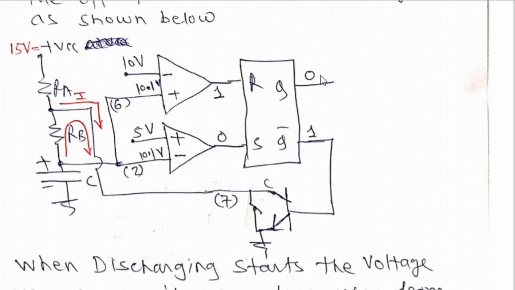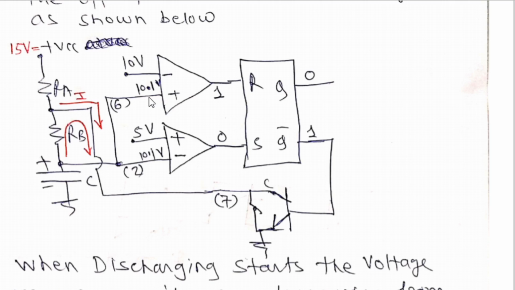Now we just wanted to say how long logic 0 remains there. So the moment the capacitor starts discharging, whatever we have considered earlier, that the capacitor just crossed the level of 2/3 VCC, means just about 10 volt, this voltage 10.1 volt will not remain 10.1 volt.